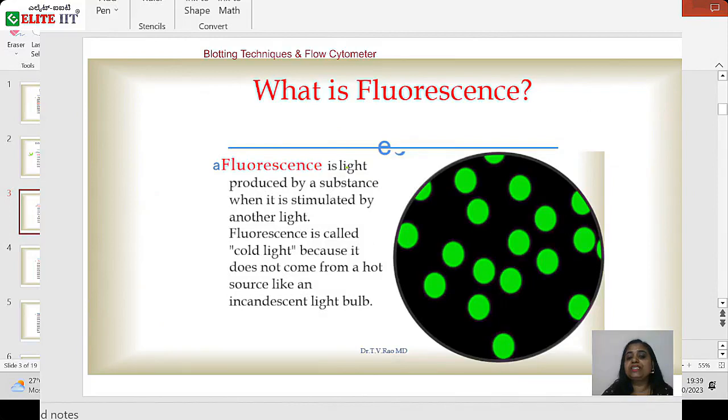Fluorescence is light produced by a substance when it is stimulated by another light. Without light, they will not give you any fluorescent light. Now, fluorescence is called cold light because it does not come from a hot source like a light bulb. So fluorescent light is not coming from any light bulb, but is cool. This is known as cold light, not from a hot surface or hot compound. So it is known as cold light.